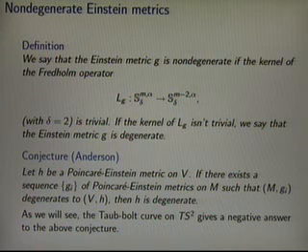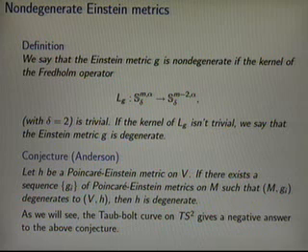I'm going to say that the Einstein metric G is non-degenerate. I'm overusing the word non-degenerate here, but I'm going to say that it's non-degenerate if the kernel of the Fredholm operator L_G is trivial. If the kernel is not trivial, I'll say that the Einstein metric G is degenerate.